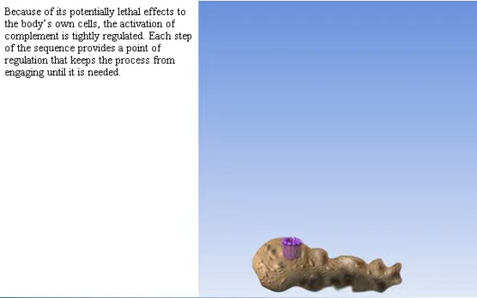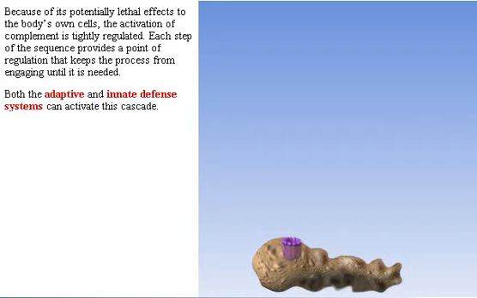This sequence might seem unnecessarily complex, but because of complement's potentially lethal effects to the body's own cells, its activation must be tightly regulated. Each step of the sequence provides a point of regulation that keeps the process from engaging until it is needed. Both the adaptive and innate defense systems can activate this cascade, but in different ways.